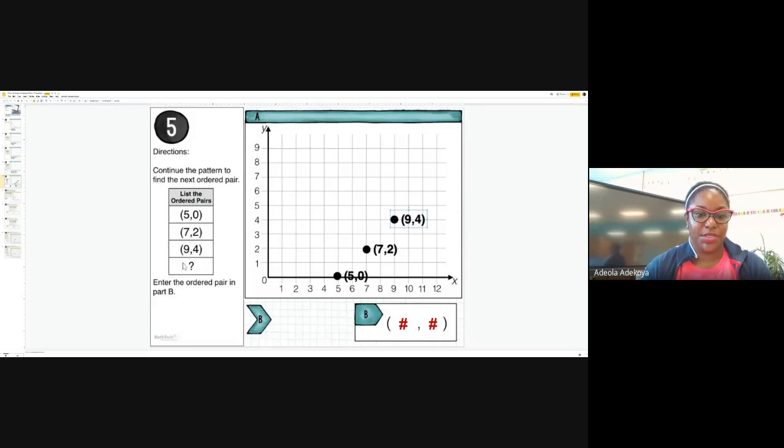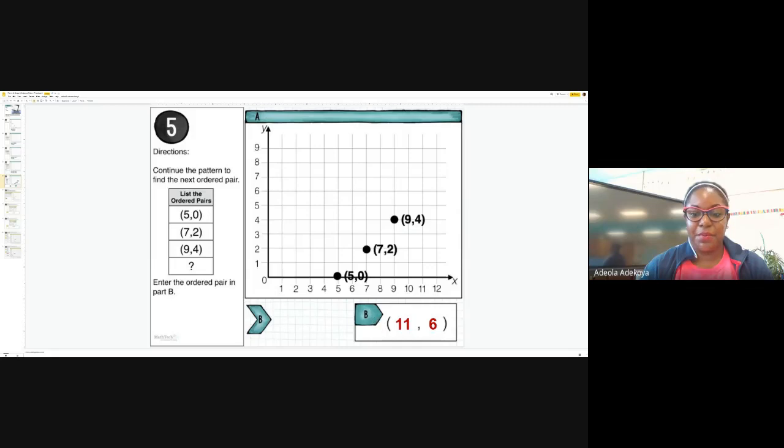However, for this particular one, it happens to be add 2 on both. And so 2 plus 9 would be 11 for my x, and I'm going to put it here. And then 2 plus 4 would be 6 for my y. And notice how I was able to generate that ordered pair just based on the pattern.